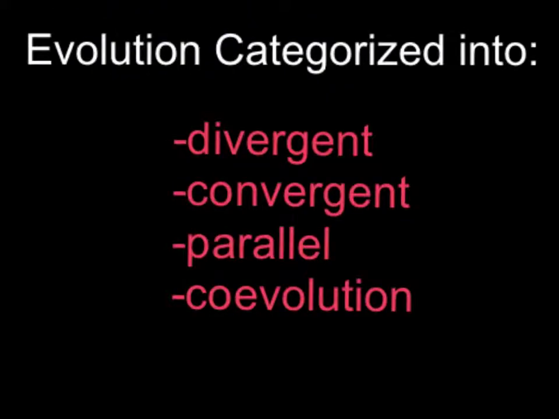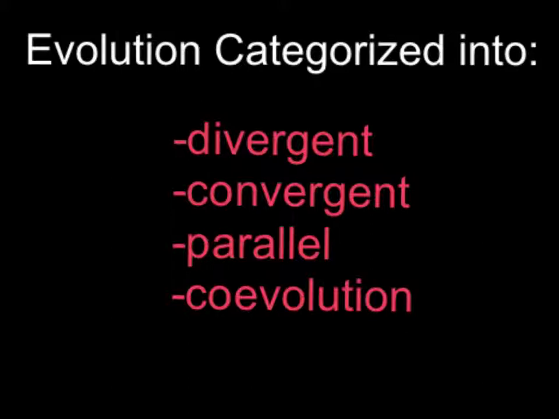Now on this slide we have evolution categorized into 4 groups. First we have divergent, which is 2 or more species that originate from a common ancestor and become different over time. Second, we have convergent, which is 2 unrelated species that share similar traits.